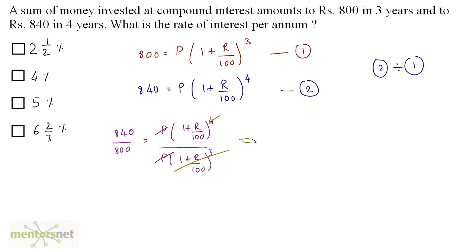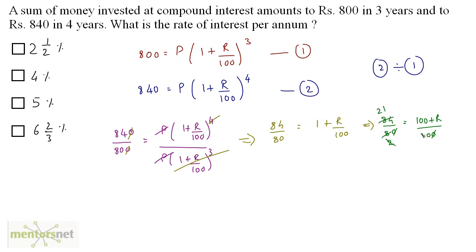Okay, so we have 84 by 80 equals 1 plus R upon 100. So again 84 by 80 equals 100 plus R upon 100. This 0 and this 0 get cancelled out, and if I divide this by 4, 4 2s are 8, 4 1s are 4 and 4 2s are 8.